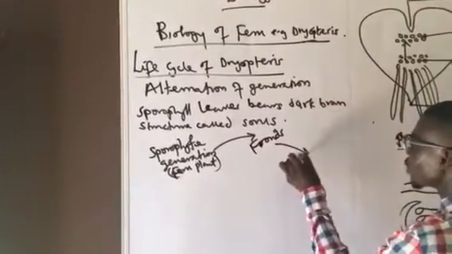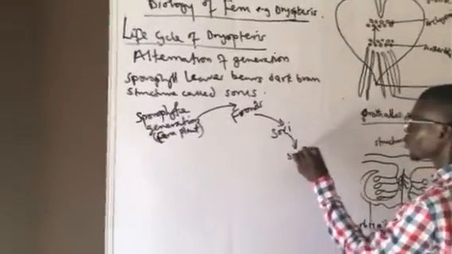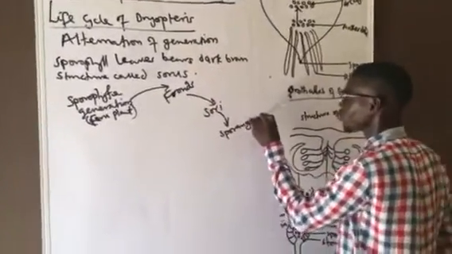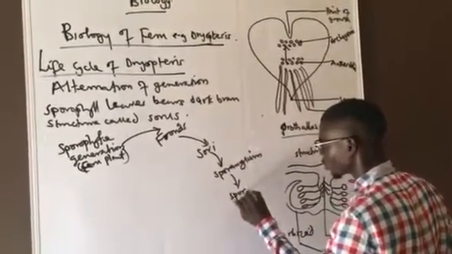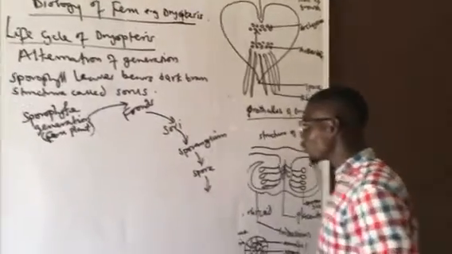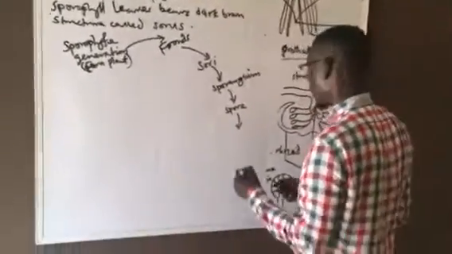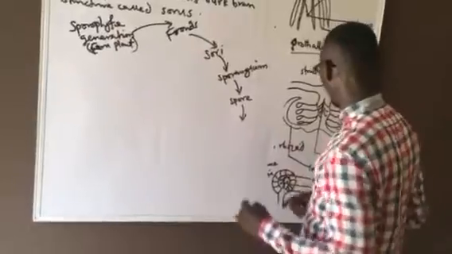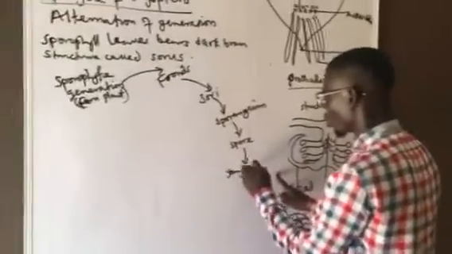The fronds bear the sori, and the sori bear the sporangium, and inside the sporangium there is formation of spores, and the spores will now be released. When the spores are dispersed, they will get a favorable environment and they germinate to the young prothallus.